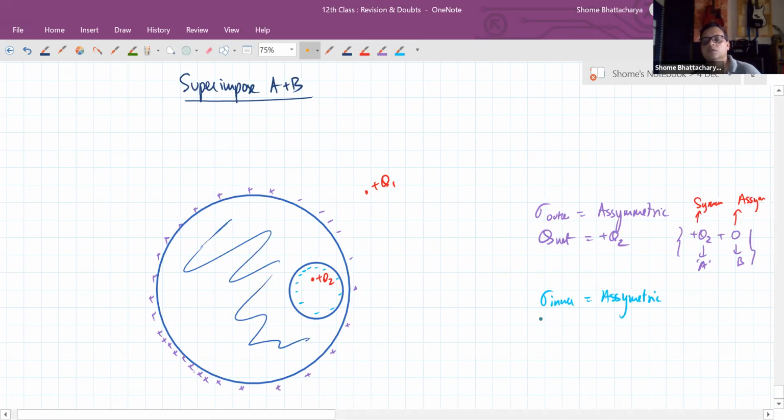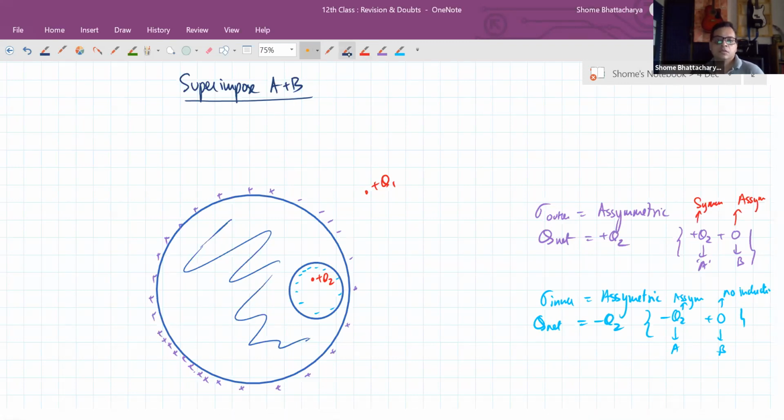Okay. But the net charge will be minus Q2. So this will be minus Q2 from event A, asymmetric, plus 0 again from event B, and no sigma, no induction. So it's just that exclusive one.